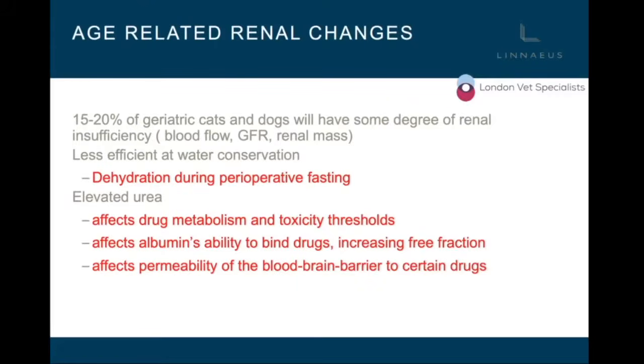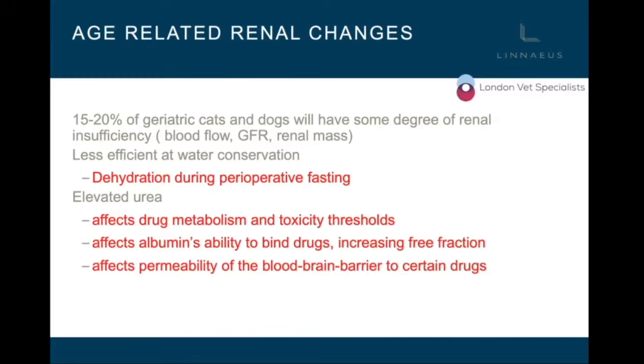So age-related changes within the kidney: as I say, we start with these millions and millions of nephrons, but any insult to the kidney may result in loss of some of those, because it requires 60-70% of nephron loss before we see changes in our common biochemical markers such as urea and creatinine.